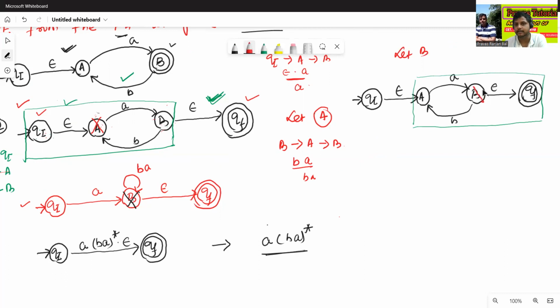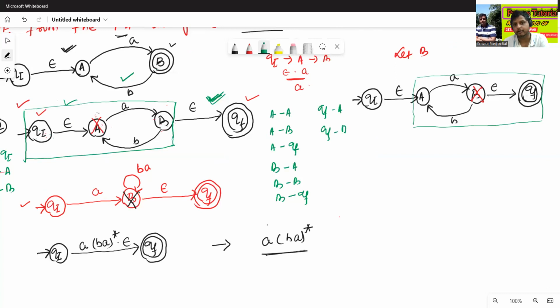So I just erase all the paths related to B, and keep all the other paths preserved: A to A, A to B, A to QF, then B to A, B to B, B to QF, then QF to A, QF to B, and QF to QF.